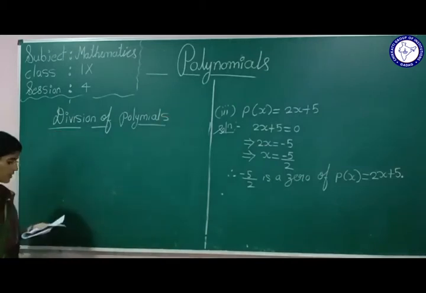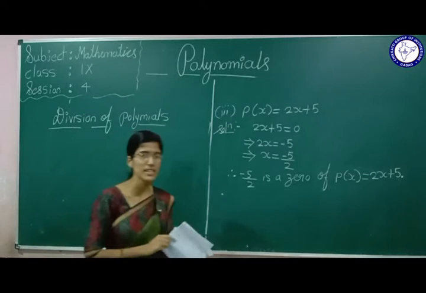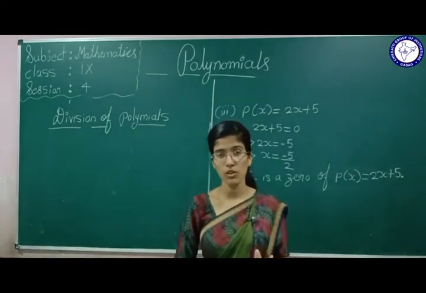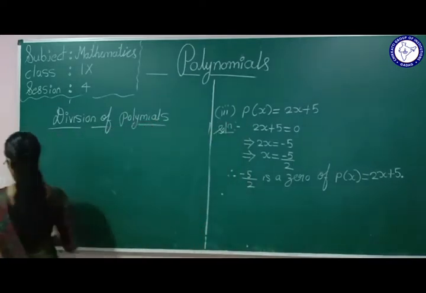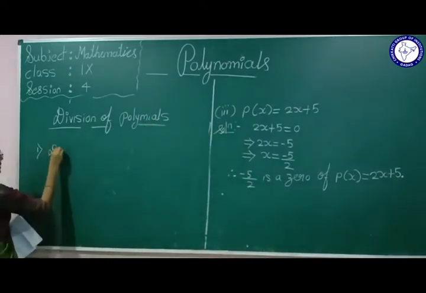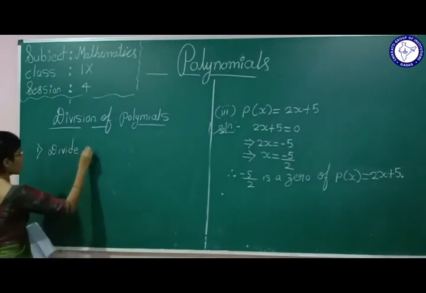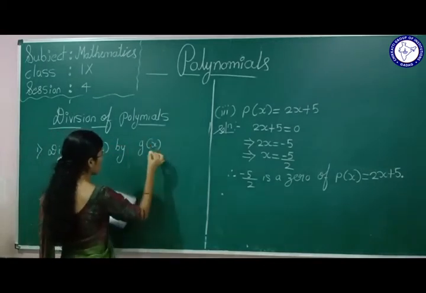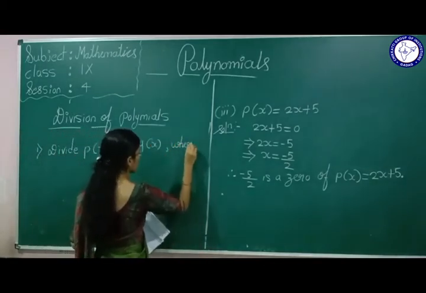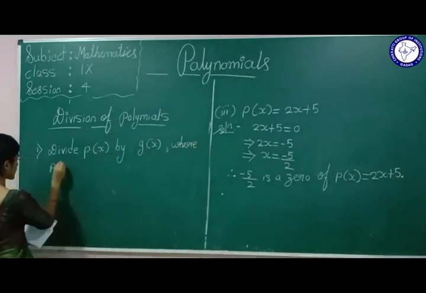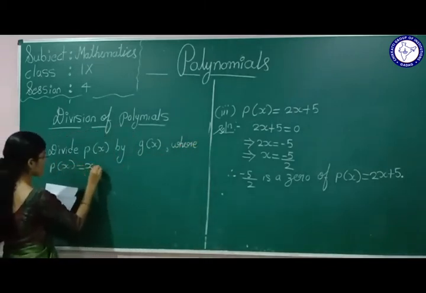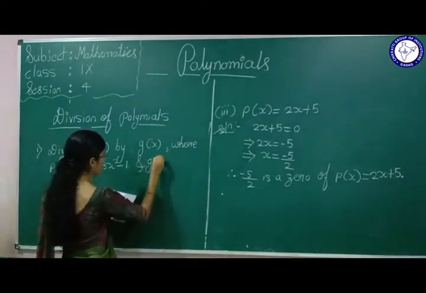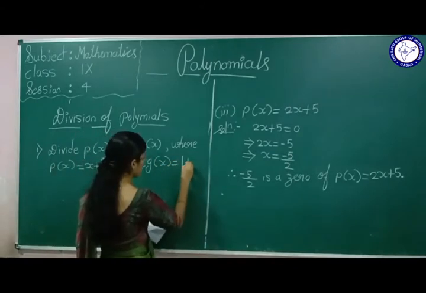Now see here, in division of polynomials, directly I will take one example and show you how we are going to do the division of a polynomial. Our first example: divide p of x by g of x, where p of x is equal to x plus 3x square minus 1 and g of x is equal to 1 plus x.